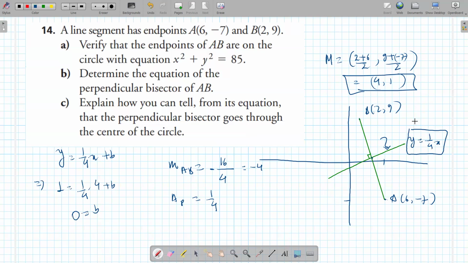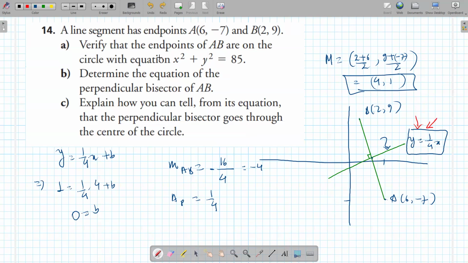So the question is, how do we know this equation goes through the center of the circle? Where is the center of the circle? It's at the origin, yeah? So does 1/4x go through the origin?